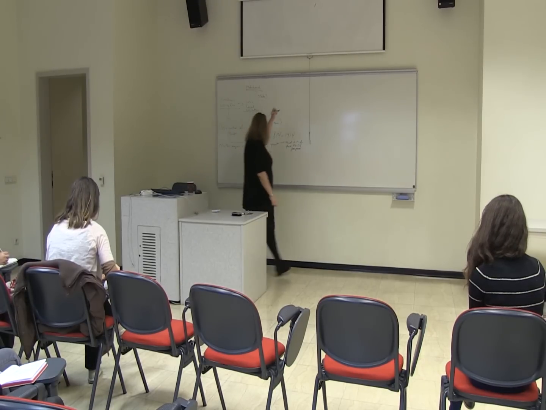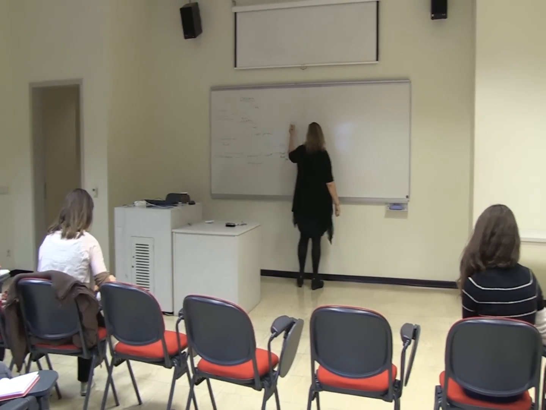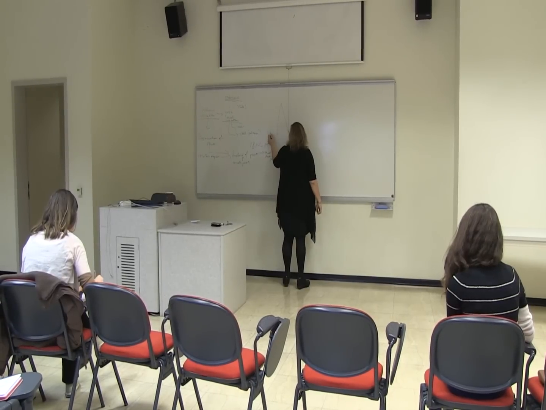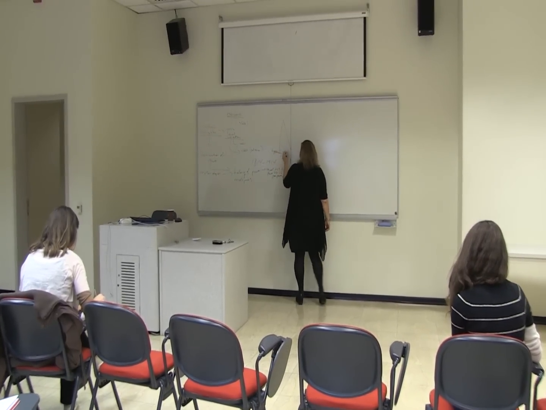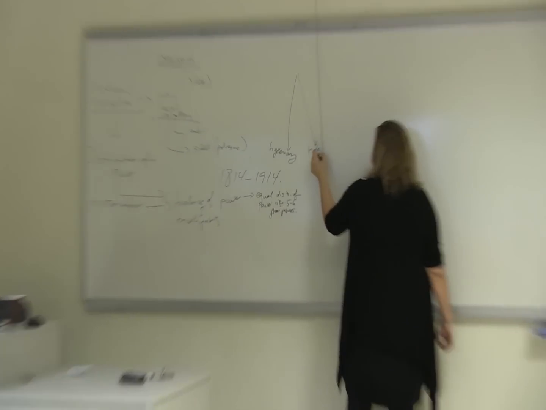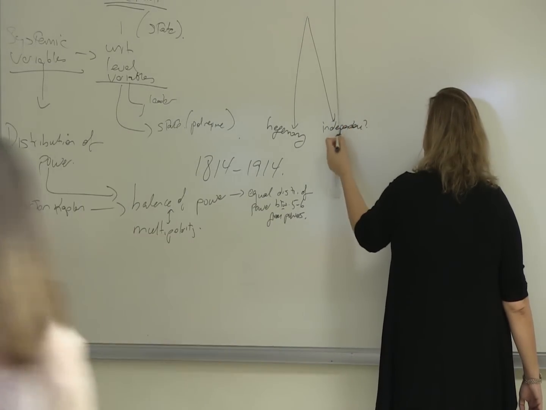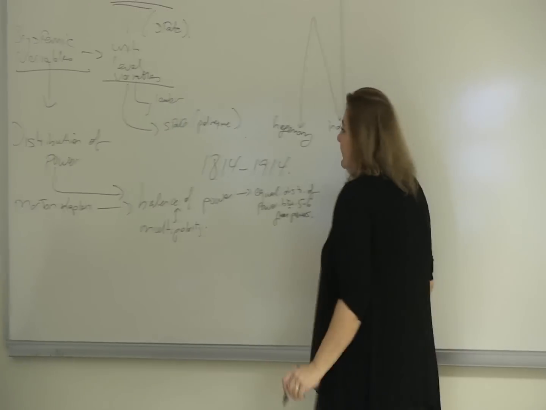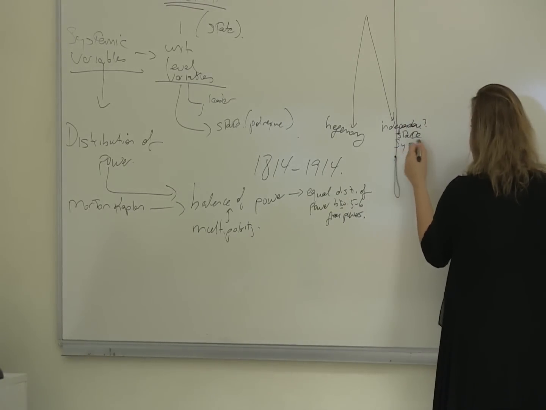Exactly. Now, if you remember, we discussed there is a pendulum in international relations between two different types of state systems: the hegemonic state system and the independent state system.